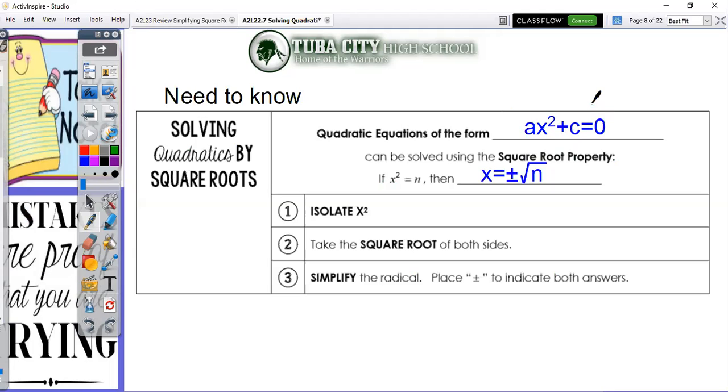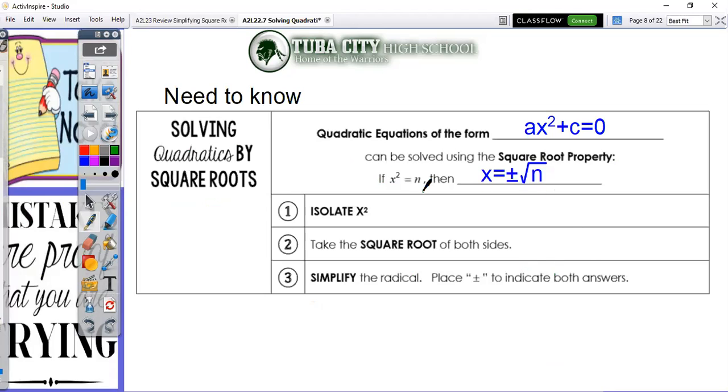So if you notice that you're missing your b value, you can go ahead and use this. Now, when you do this, you need to get that x squared by itself. You'll have a number. And you're going to take the square root of both sides. Square root here, square root here.